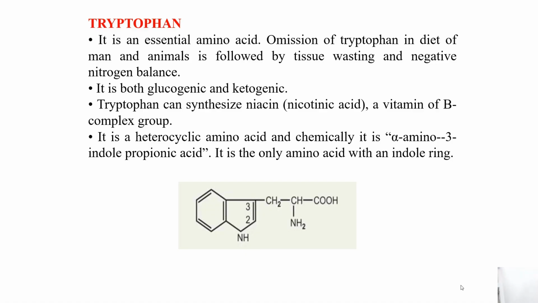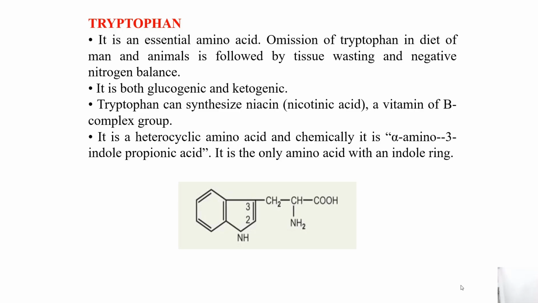Tryptophan is an essential amino acid which is also an aromatic amino acid. Okay, and it's both glucogenic and ketogenic. It can synthesize niacin, a vitamin of the B complex group.